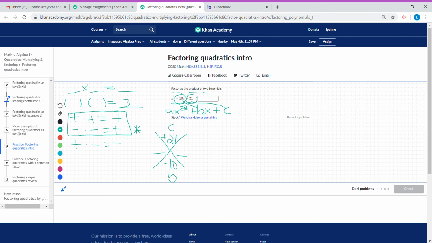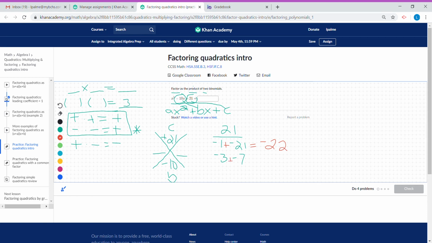So what are my factors of 21 that add up to negative 10? Now I need positive 21, but I already know that both of my signs are going to be negative. So my factors of 21 are negative 1 and negative 21, negative 3 and negative 7. Those are my only two sets of factors for 21, so it comes out a little easier. If you were to add the first two up, you get negative 22.